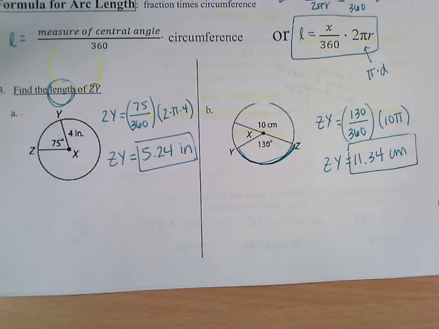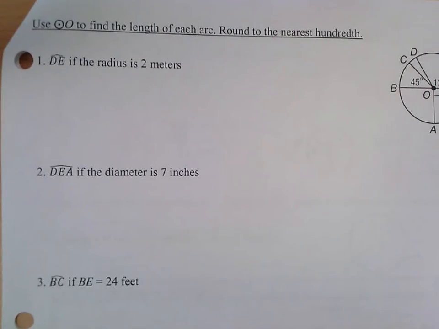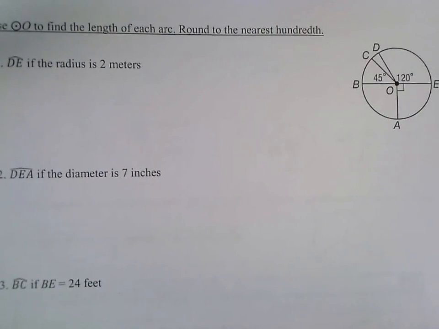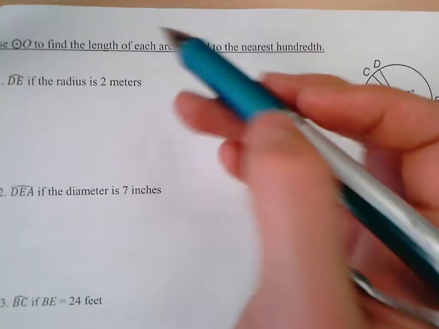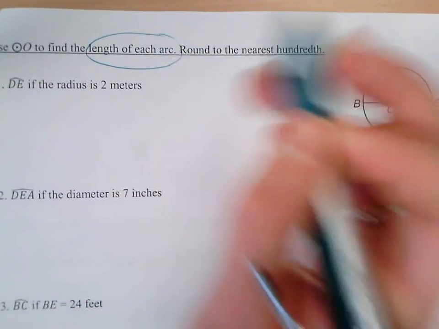Any questions on the arc length? Okay, if you flip this over, I will pass out your practice for this, but just to make sure you're understanding these types of problems, it says use circle O to find the length of each arc, round to the nearest hundredth.